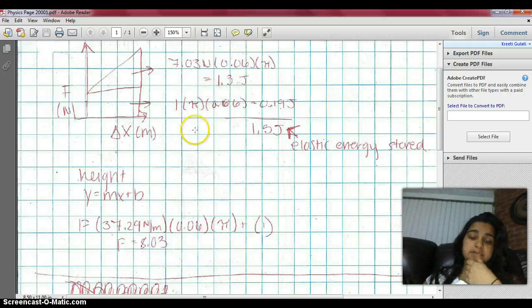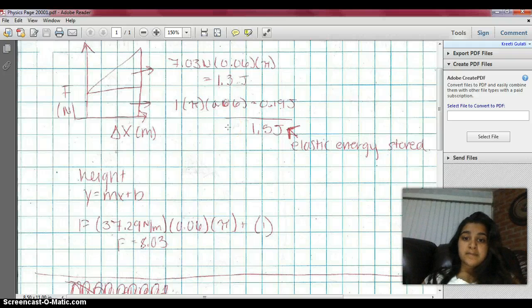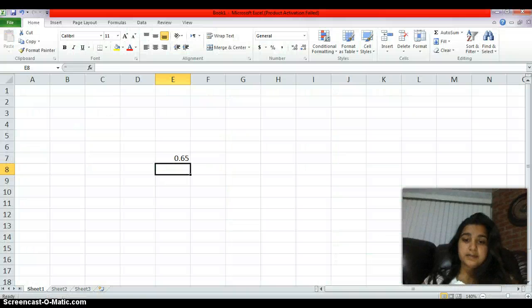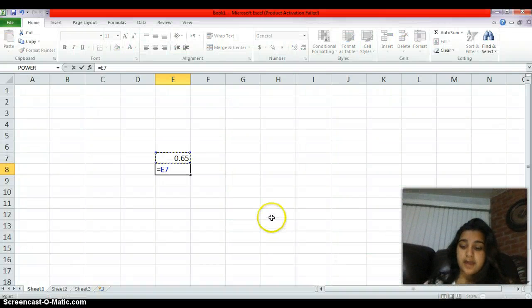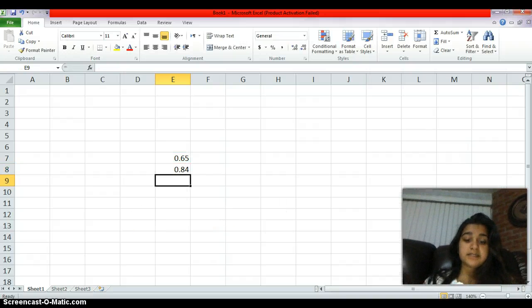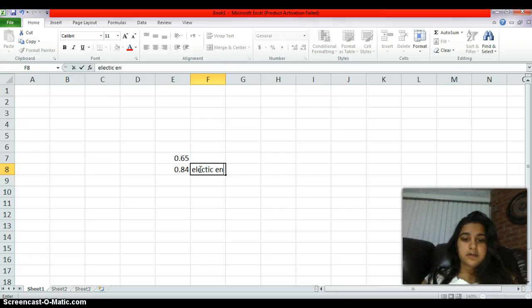And 0.06 is the displacement, basically delta x. And it was 0.19, so it's that plus 0.19. So that was the exact elastic energy. Let's write that down. Elastic energy.